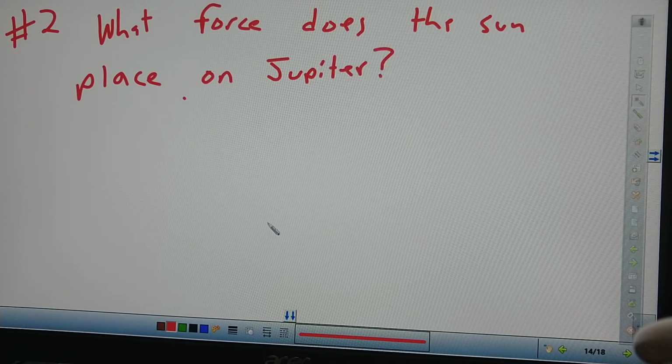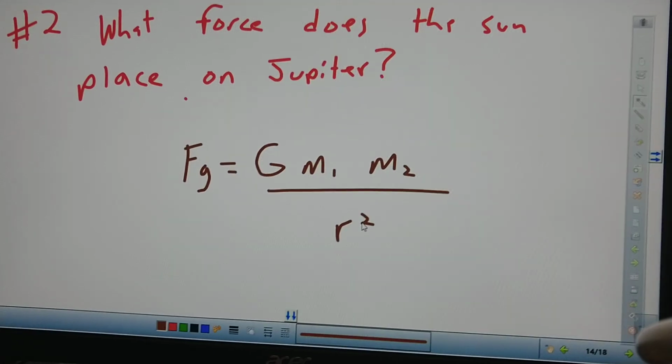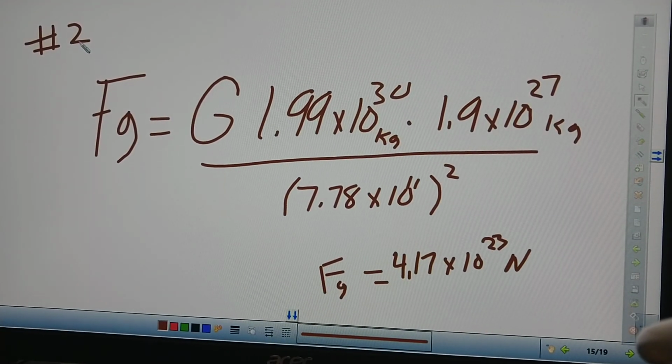So we're talking about the force between the sun and Jupiter. Use this formula. Once again, F of G equals G, M1, that's the sun, M2, that's Jupiter, over R squared, that's the distance between the two. You should have gotten that for your answer.